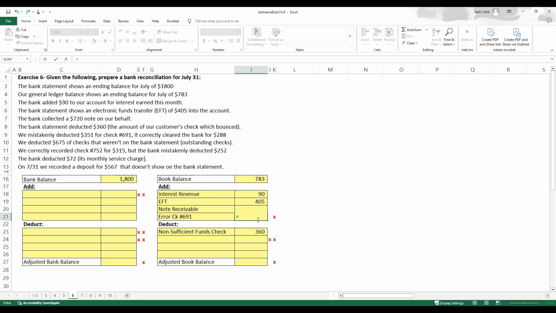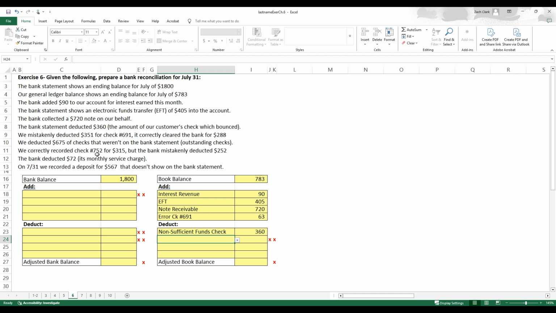We can just take the difference between those to add back. So 351 minus 288. We need to get the 351 accidental journal entry to the correct amount of 288, which means we need to increase cash by $63 to bring the deduction of 351 down, if you will, to the deduction of 288. And we do that by adding cash back through the journal entry.